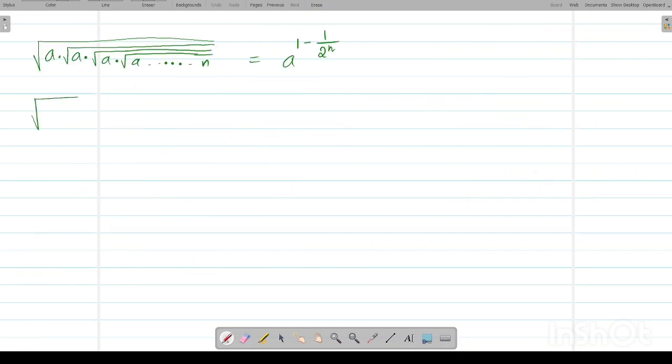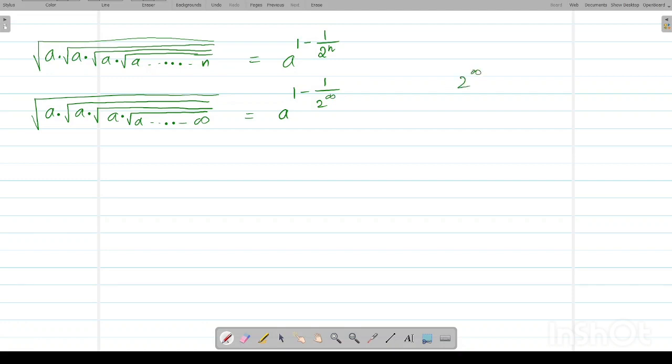So I am writing like this: a into root of a into root of a into root of a up to infinite. If n is infinite, now substitute infinite here, it is a power 1 minus 1 by 2 power infinite.